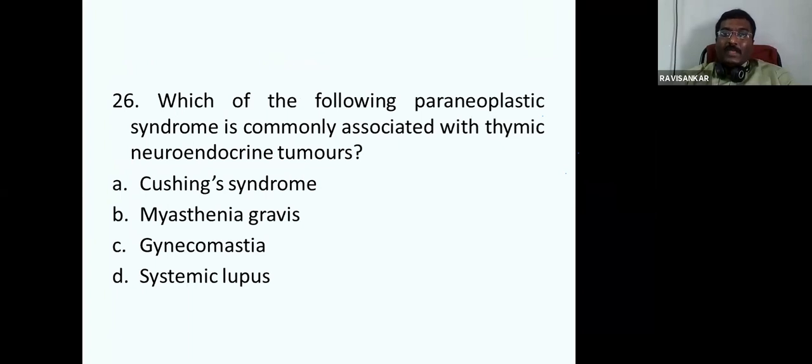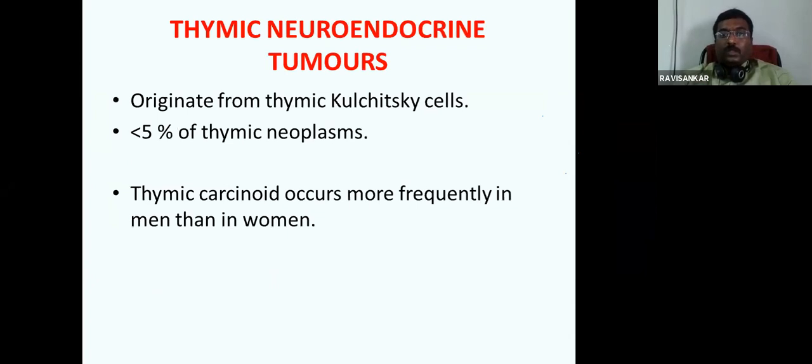Now coming to the thymic neuroendocrine tumors: which of the following paraneoplastic syndromes is commonly associated with thymic neuroendocrine tumors? Thymic neuroendocrine tumors occupy less than 5% of the thymic neoplasms.